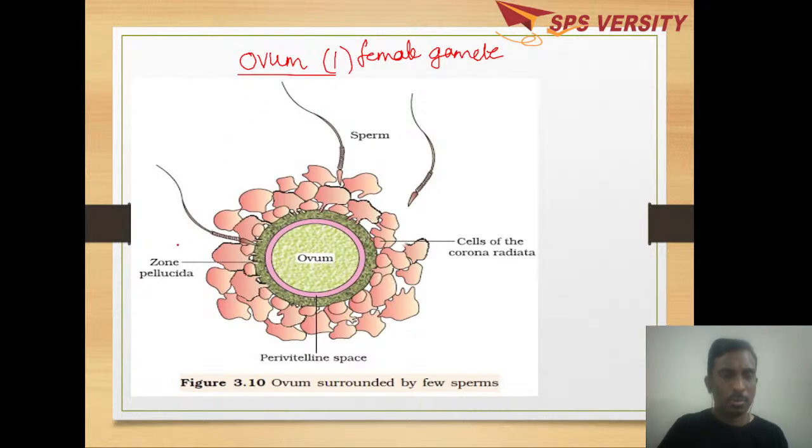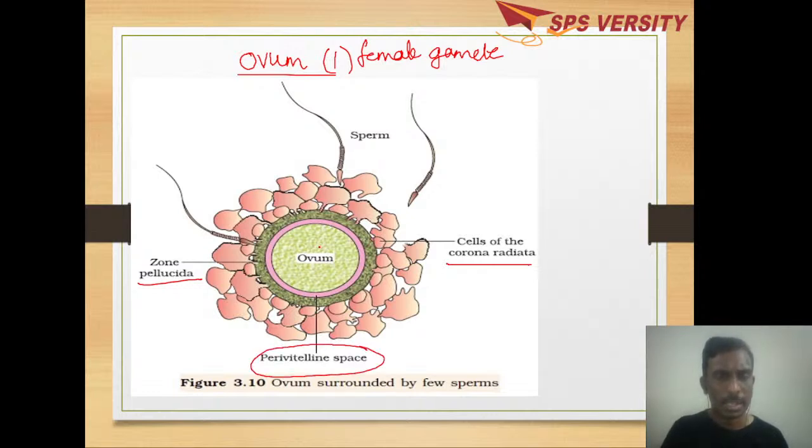So when you come to the structure of ovum, it is surrounded by the cells called corona radiata. Below this there is a layer which is called zona pellucida. And there is a space between the zona pellucida and plasma membrane, that is pre-vitelline space.